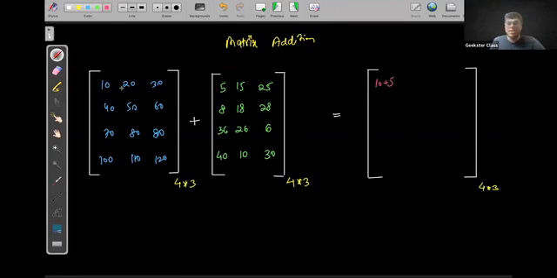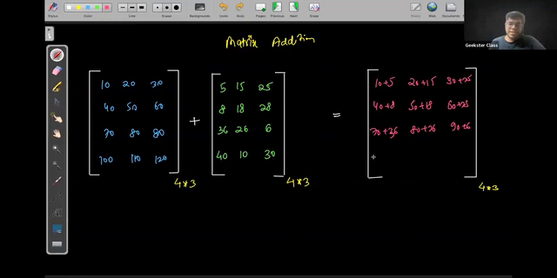And the answers will be: at 0,0 it will be matrix 1 of 0,0 plus matrix 2 of 0,0, so 10 plus 5. Matrix 1 of 0,1 plus matrix 2 of 0,1, that is 20 plus 15. Then 30 plus 25. Then 40 plus 8, 50 plus 18, 60 plus 28, 70 plus 36, and so on. 80 plus 26, and finally 90 plus 6.